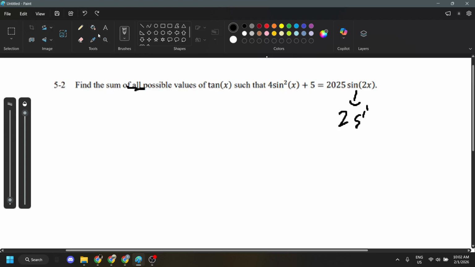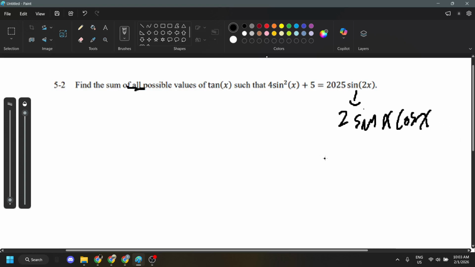Yeah, that makes sense, because cosine of 2x has squares in it. But that's pretty bad. I don't want cosine x. I could replace, yeah, that's not good.